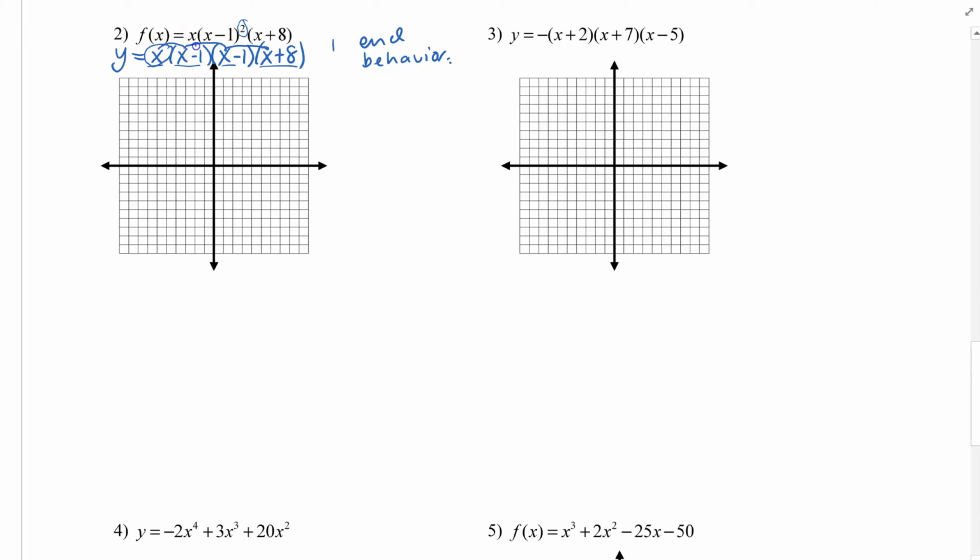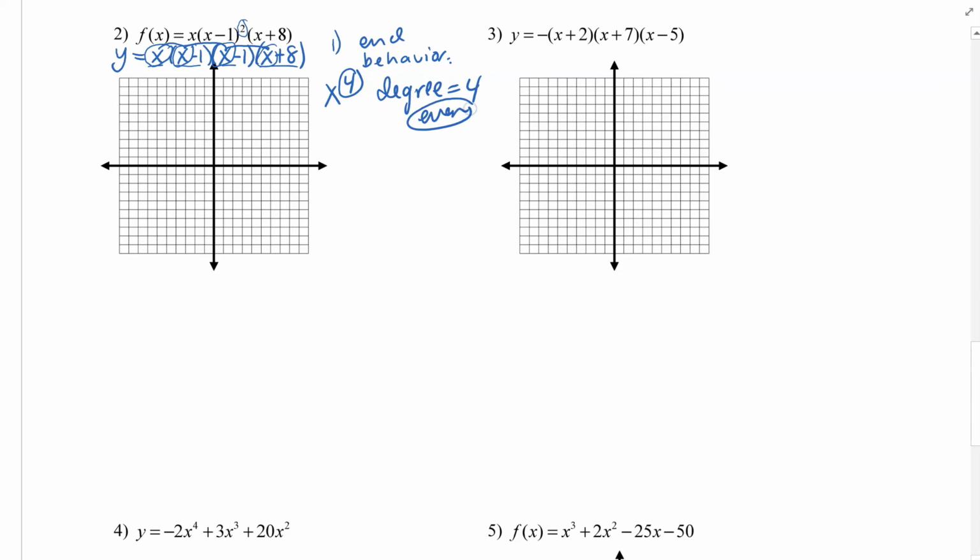At some point, all 4 of these x's would get multiplied to each other, which tells me that the highest power x will reach is 4, because there are 4 x's that at some point would get multiplied together. So that tells me that my degree is 4, which is even.